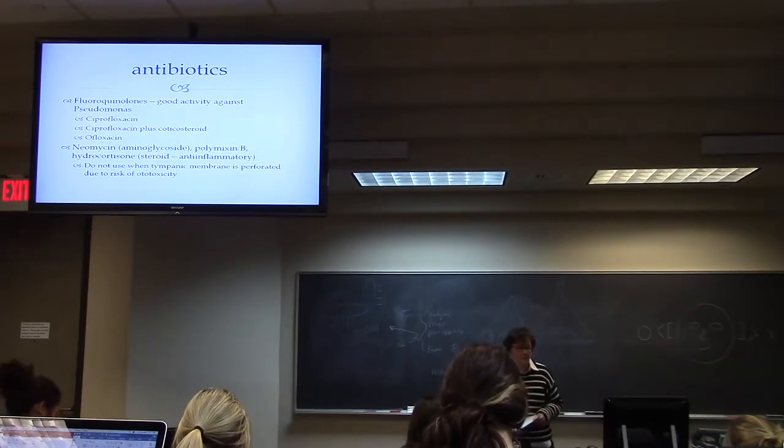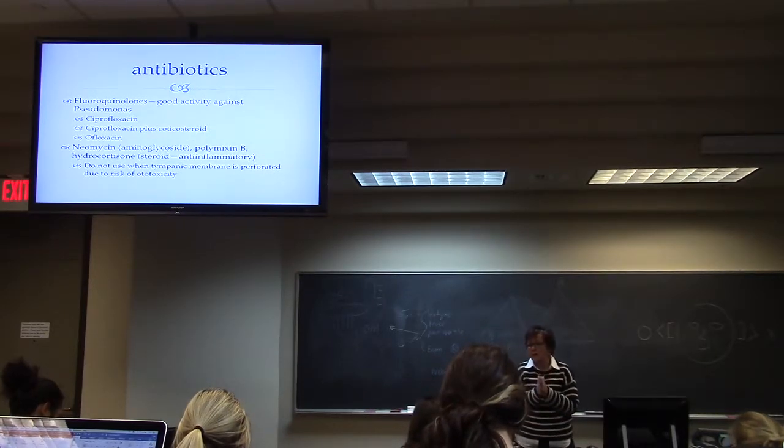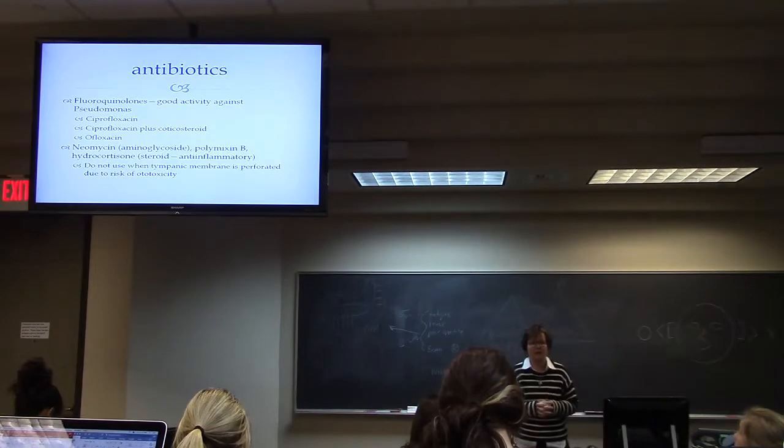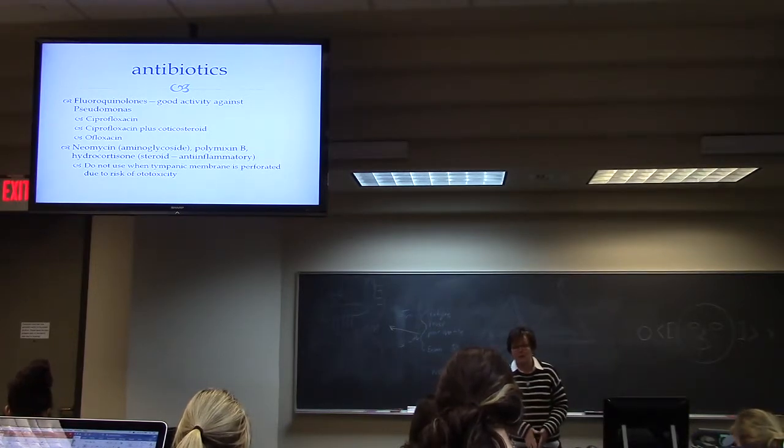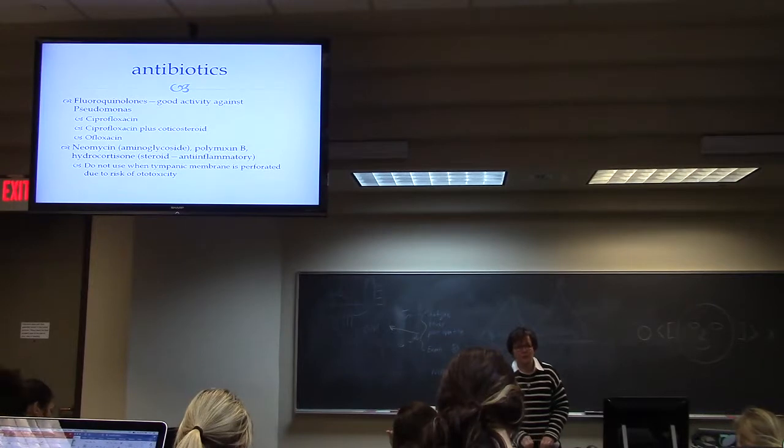It's got the steroid in it, which is very good with inflammation. So it immediately starts giving them relief, and then you've got the antibiotic. The neomycin is an aminoglycoside. Polymyxin is just a broad spectrum antibiotic, and then the hydrocortisone is the steroid.